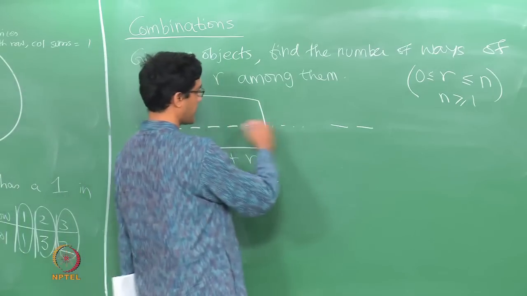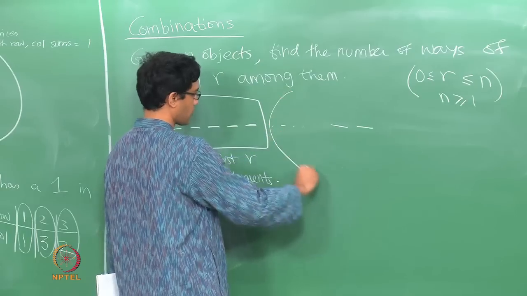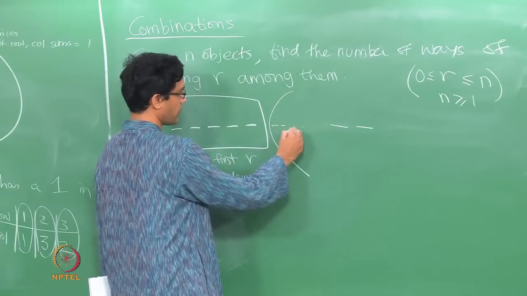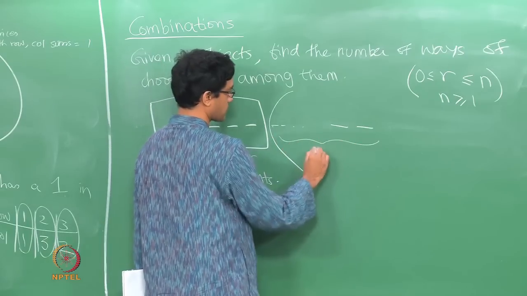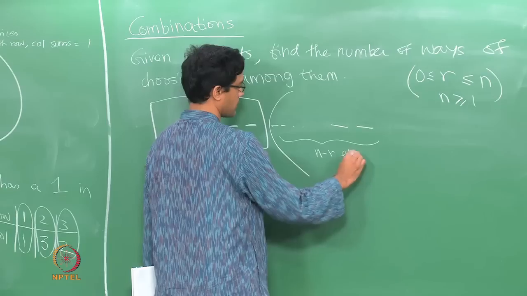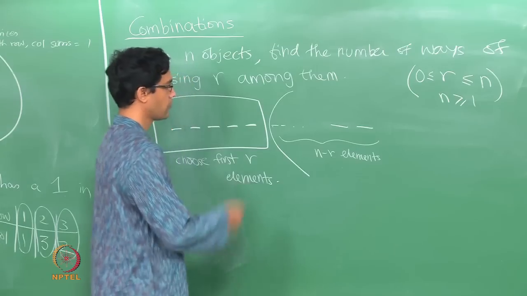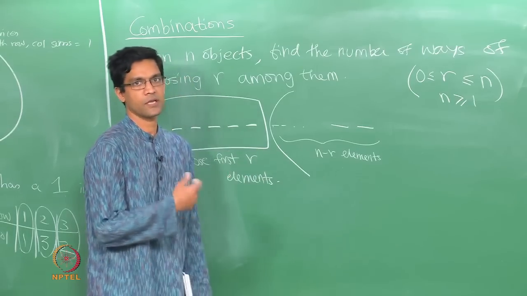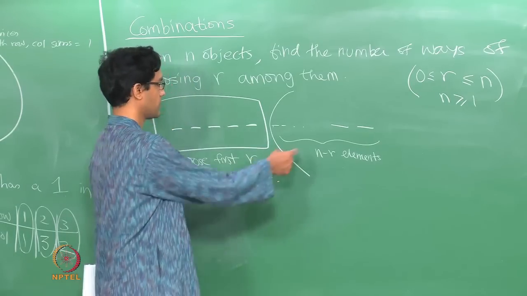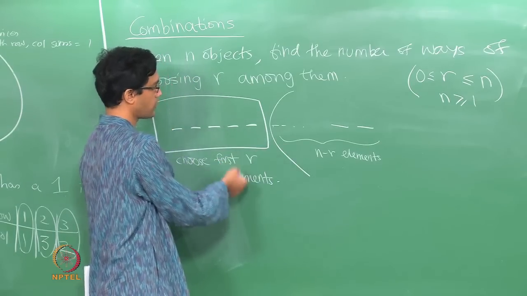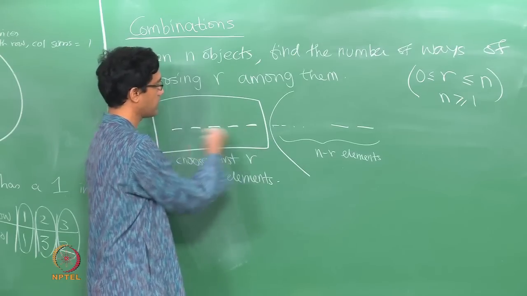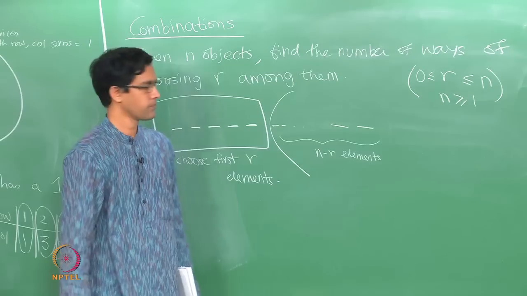Similarly, if you take a given permutation and then you construct a new permutation by permuting the remaining n minus R elements. So here are the n minus R elements that are not chosen. Now you permute those n minus R elements in any order you want. The final choice of R elements that you are going to pick will remain the same, because you are only going to worry about the first R elements, okay.